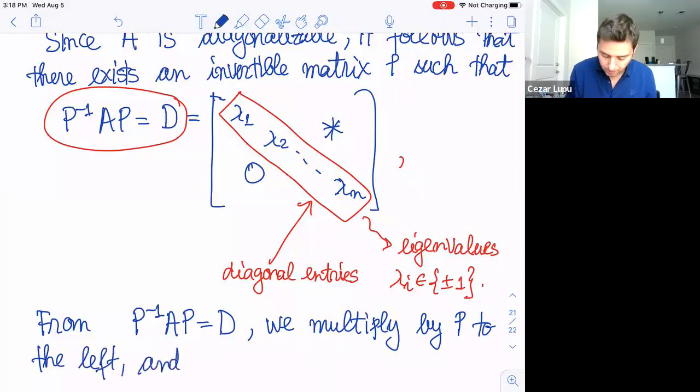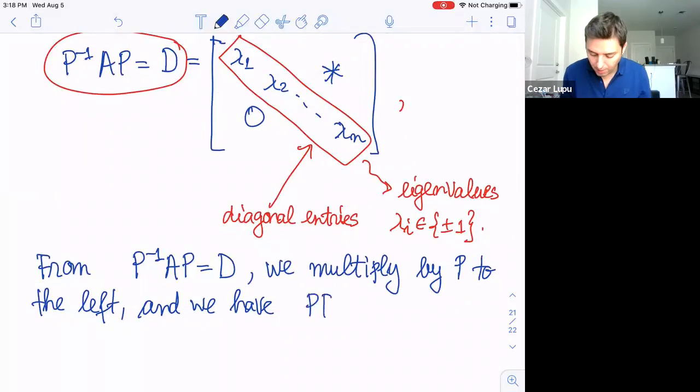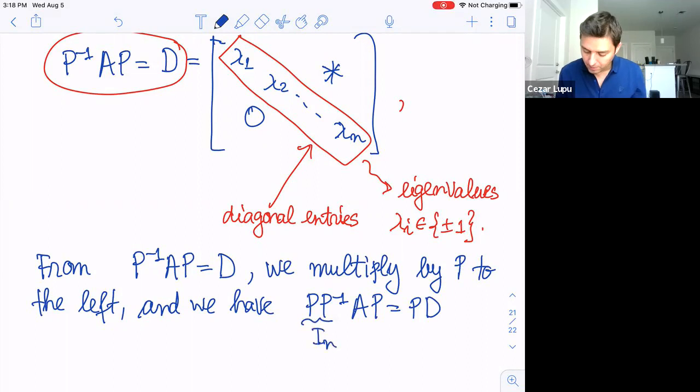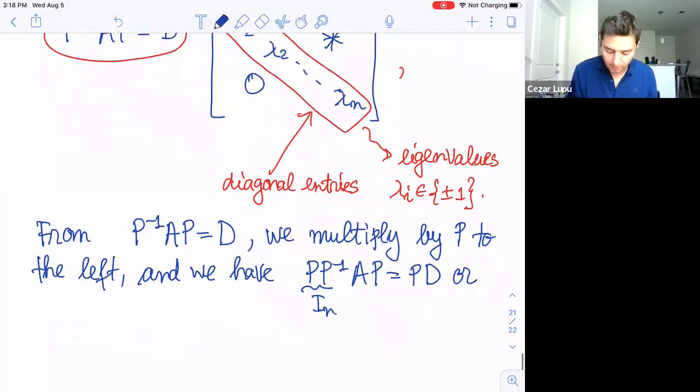And we have that P inverse times AP is PD. But this guy is the identity. Or equivalently, we have AP equals PD.